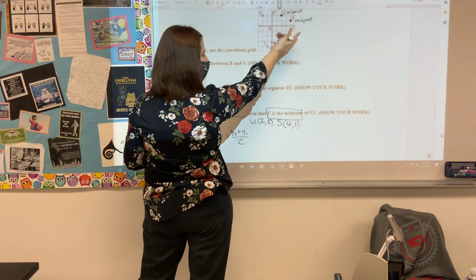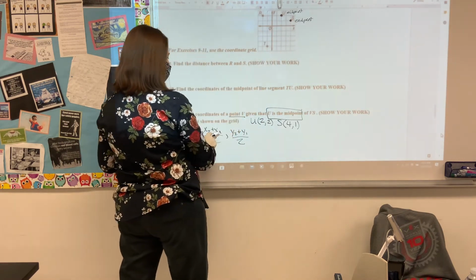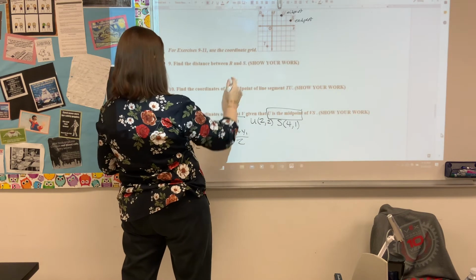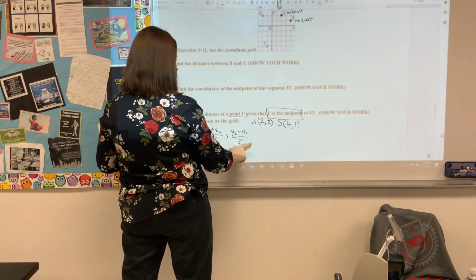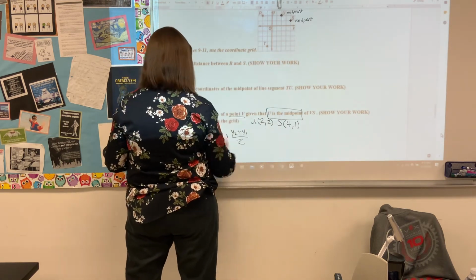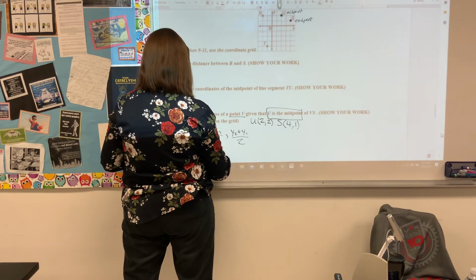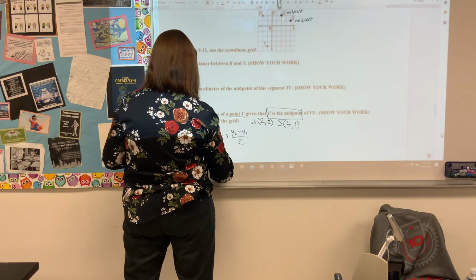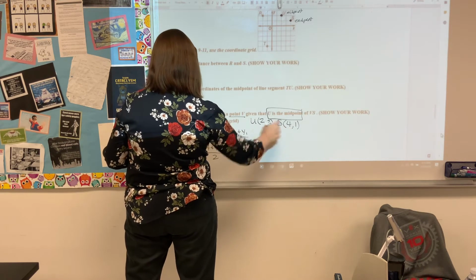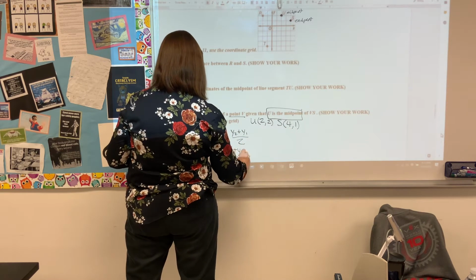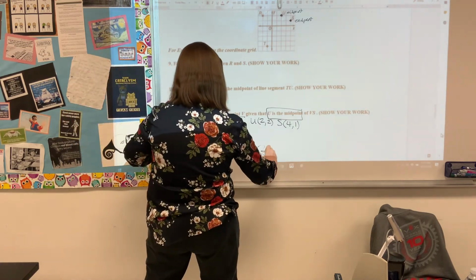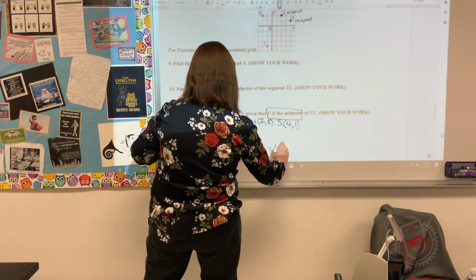Does it matter if I switch them? Not in the least, because we're adding things together. But I'm going to keep this as what I have here. X2 is my S, so I have 4 plus X divided by 2, and I should have 1 plus Y over 2. So now I separate them so I can solve independently for X and Y.